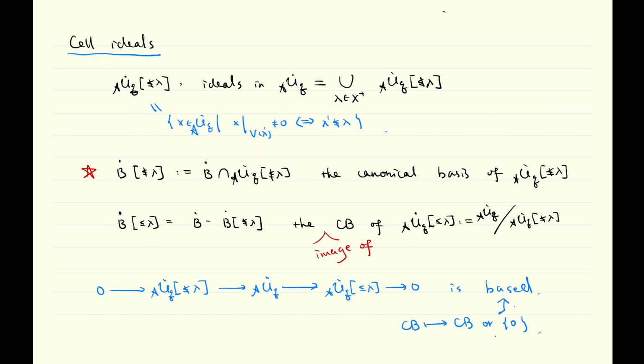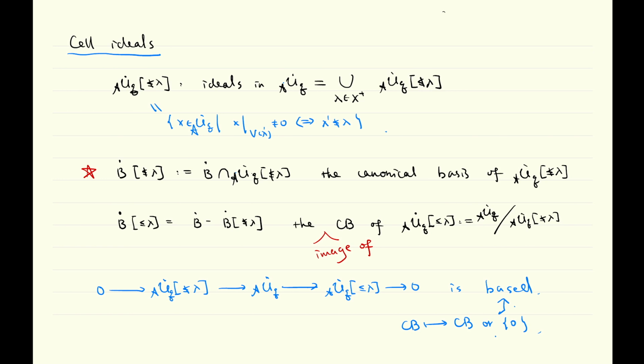And so now inside here, what you want to consider, analogous to this good filtration, is the cell ideal. And if you're familiar with the Kazhdan-Lusztig cell in the Hecke algebra, this is precisely the analog in the quantum group setting. The way to define this is you can define an ideal inside the modified quantum group. The definition is in blue. If you don't like it, you can just ignore it. Basically, we define an ideal parameterized by dominant weight. The way to define this is by a vanishing condition.